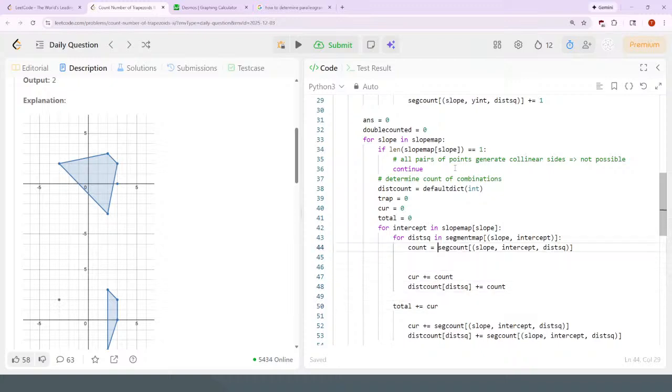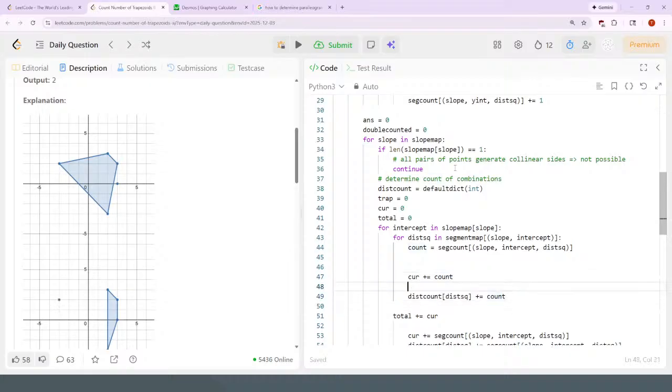Because I want to basically on this particular line, or this line all share the same slope. On a particular line that shares the same slope and y-intercept, there might be multiple segments that have different lengths. And for every segment that has the same length, I'm going to somehow deal with it. So the double count should be incremented here before I do this.